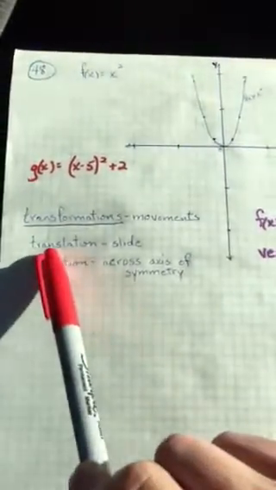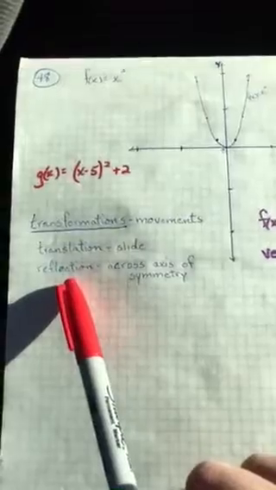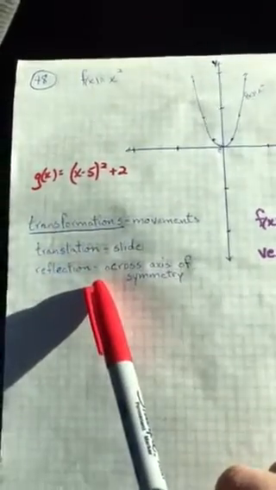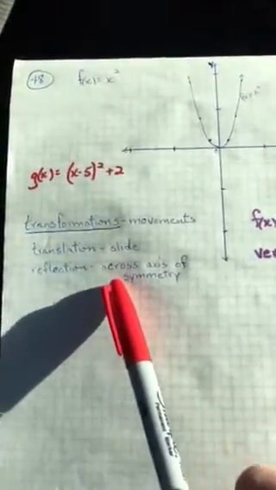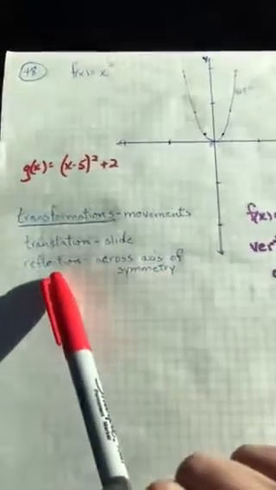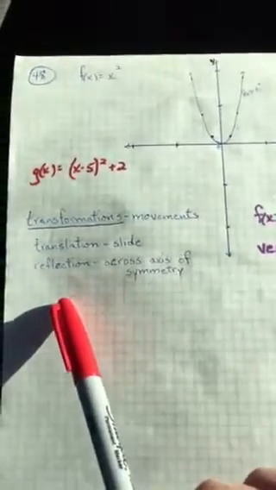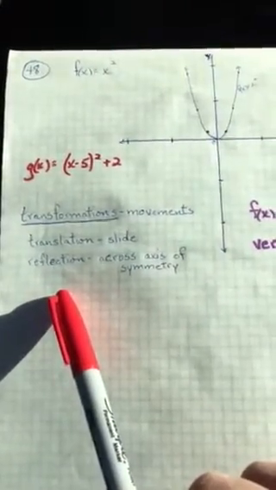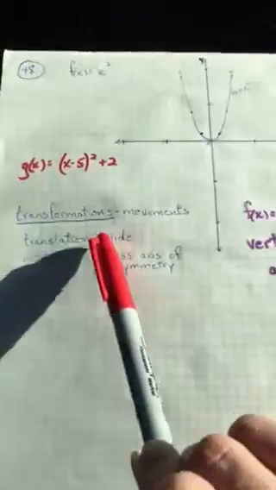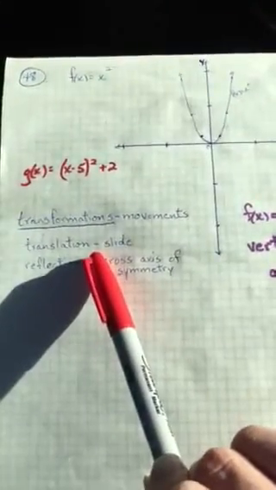So a couple of things to remember. A translation is a slide, and a reflection is how it reflects across an axis of symmetry. If you think of your reflection in the mirror. Also rotation, but you're not going to have to worry about rotation with this particular problem. So you might want to write these down on your index card.